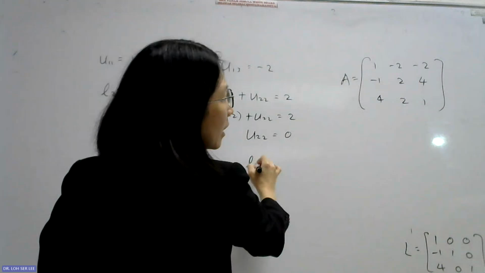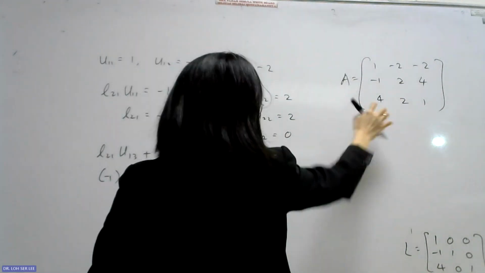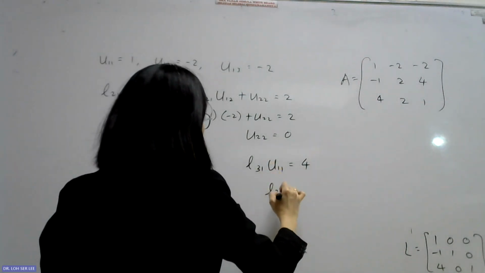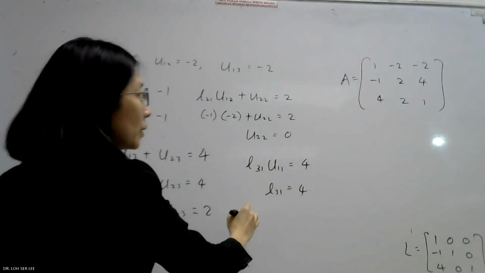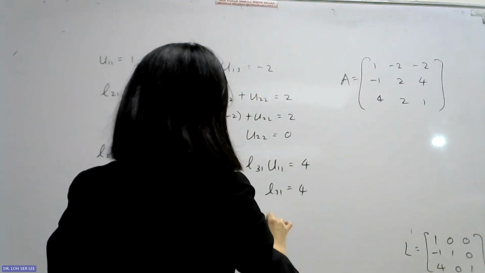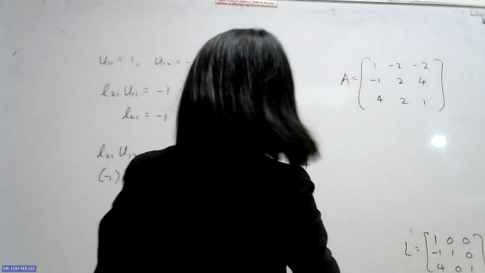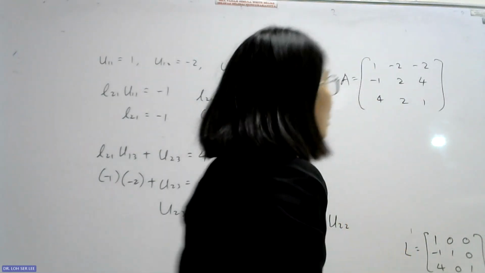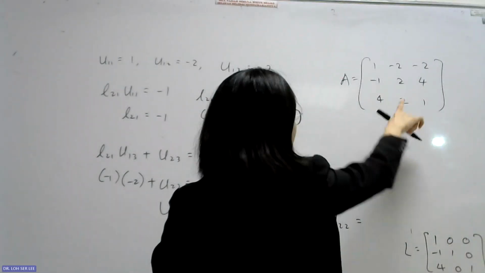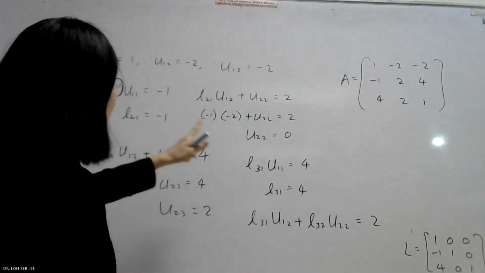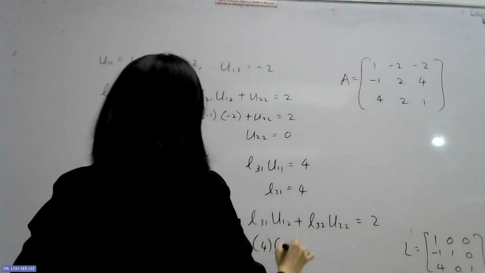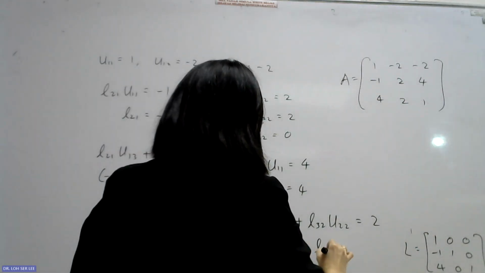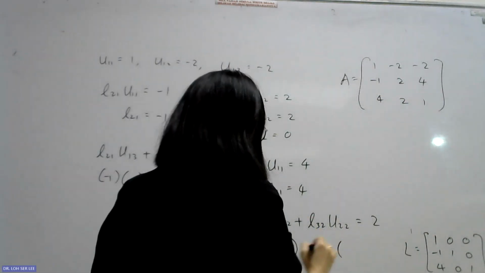Okay, next. L31 U11 is 4. U11 is 1, so L31 is 4. Next, L31 U12 plus L32 U22 equals 2. L31 is 4, U12 is -2, L32 we need to find, and U22 is 0.